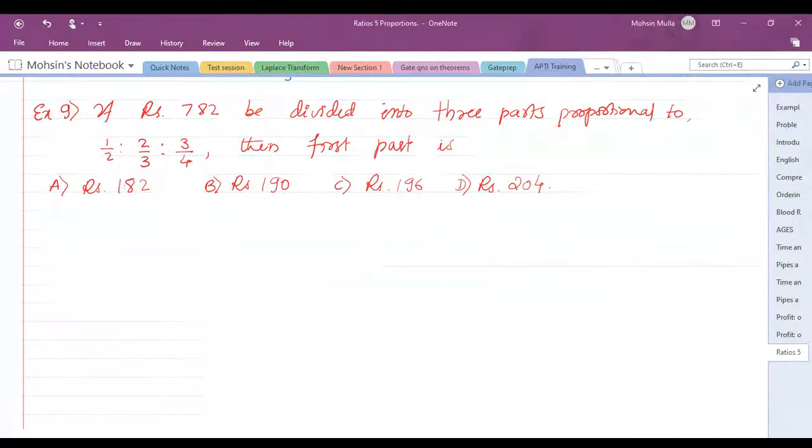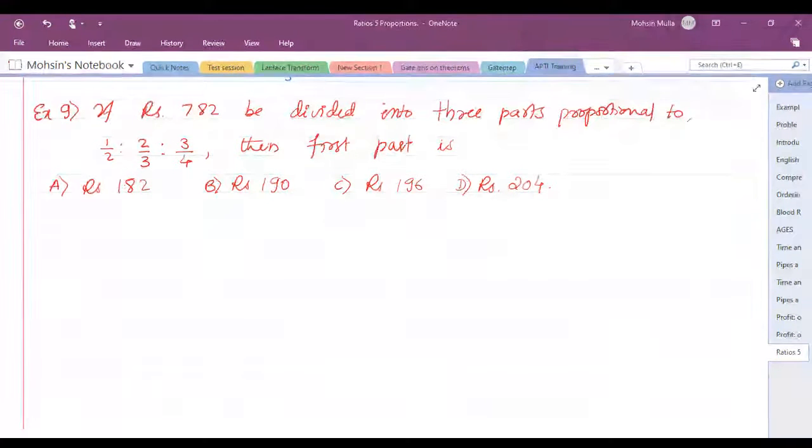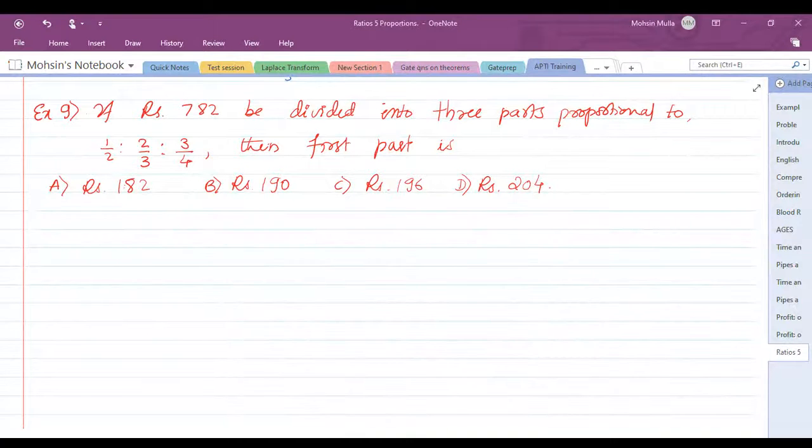Not that, in the simplification. 23 upon 12. How did you get 23? Addition of all ratios. What are the values of that ratio?